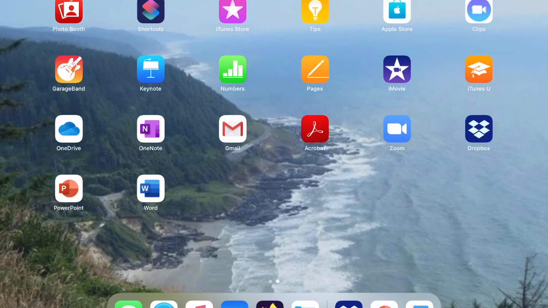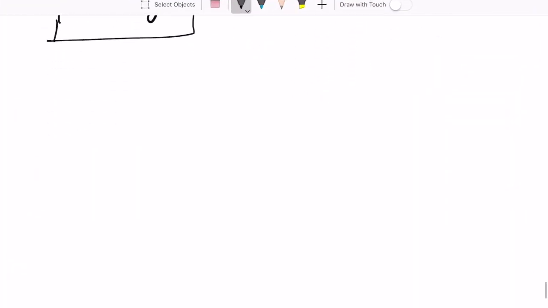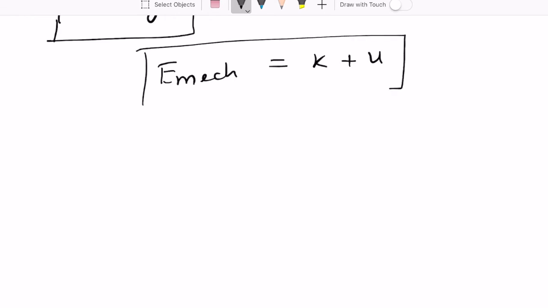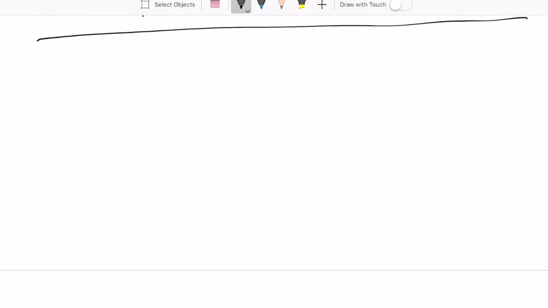Okay. Now we are going to do a very important calculation. So the mechanical energy is defined as kinetic energy plus potential energy of an object. Just a definition. Okay. Now let's say that there is a certain object and there's a bunch of different forces acting on our object.